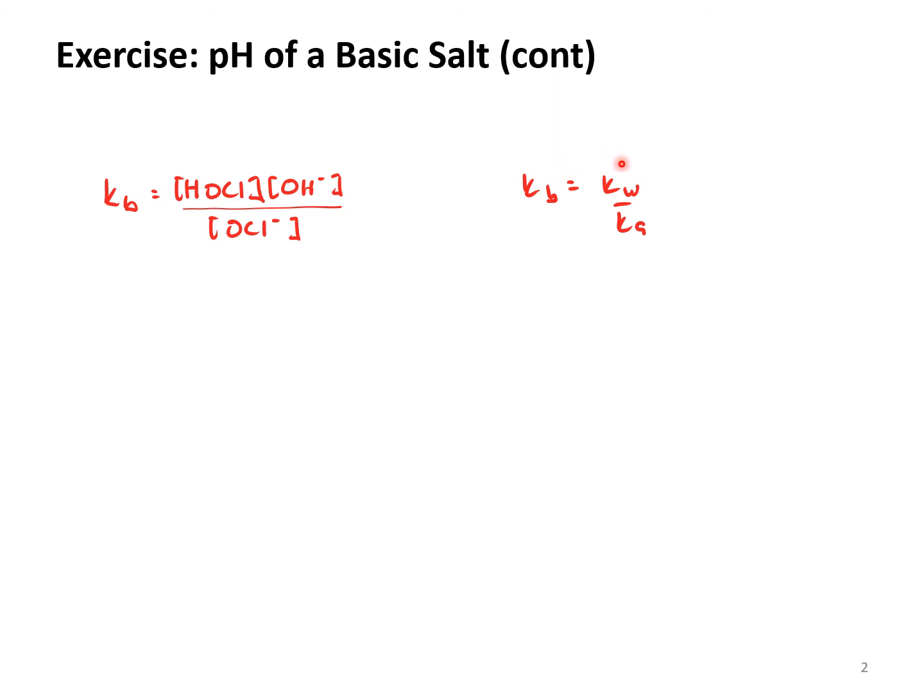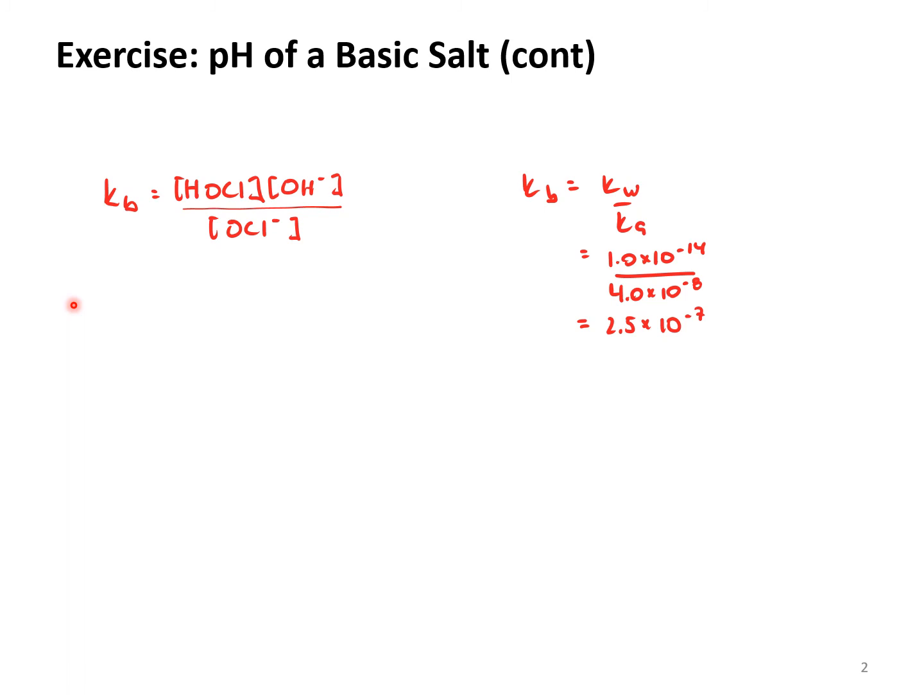Plugging in the value for Kw and the value for Ka for hypochlorous acid, we have 1.0 times 10 to the minus 14 divided by 4.0 times 10 to the minus 8. Plugging this into our calculator gives us a Kb of 2.5 times 10 to the negative 7. And this is the value we can plug in for the equilibrium constant for our weak base.